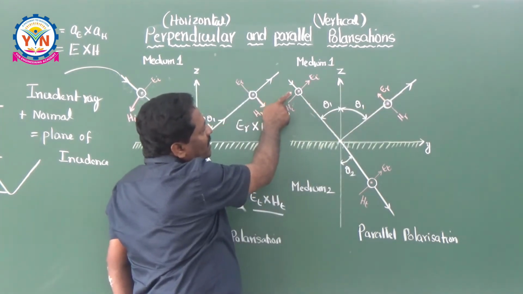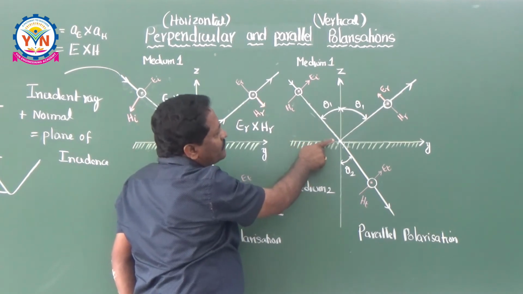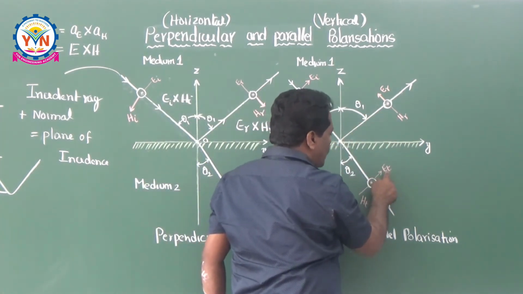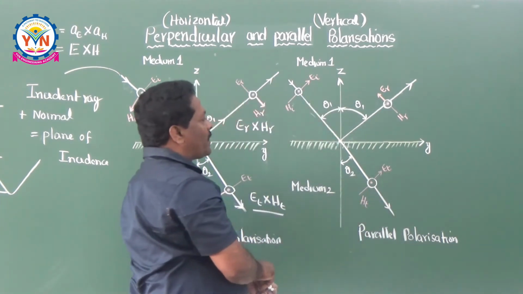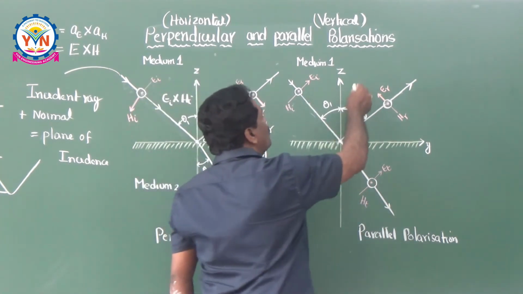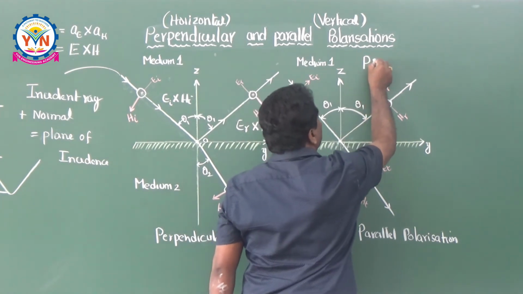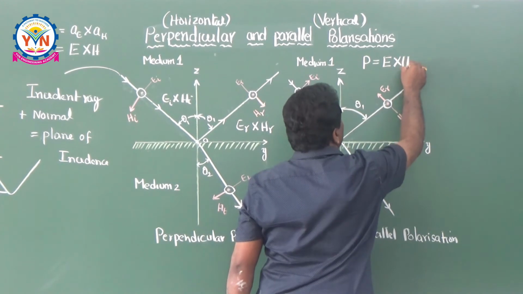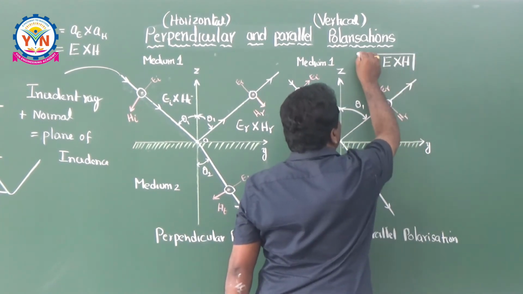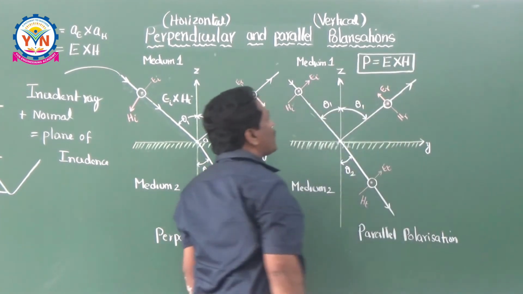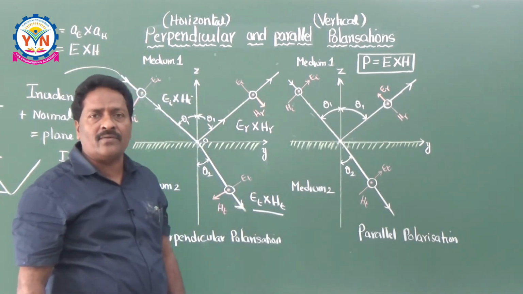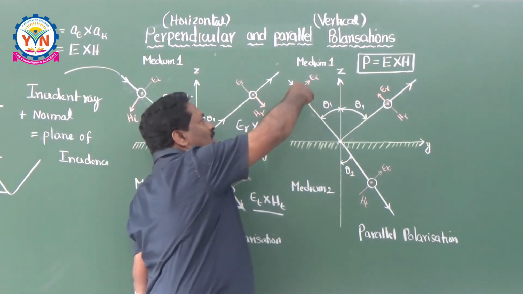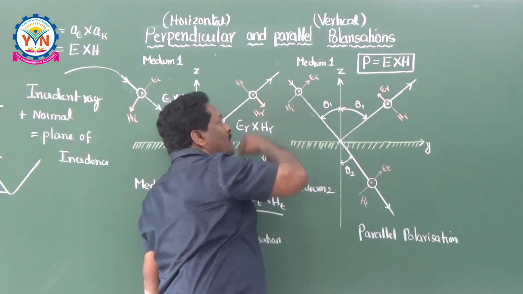So here the incident wave direction is EI cross HI, and reflected wave means ER cross HR, and transmitted means ET cross HT, because you know the Poynting theorem always gives you the cross product of electric field intensity and magnetic field intensity, E cross H. So this will give you the direction of the wave as well as the power carried by the electromagnetic wave. So I hope you understood this, because the direction of this electric field decides the polarizations.